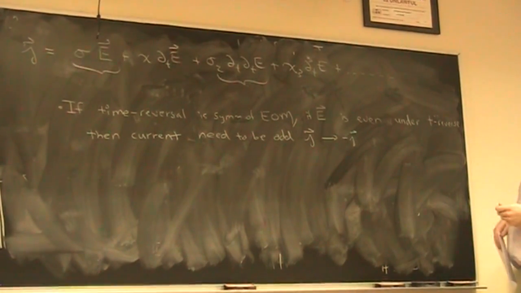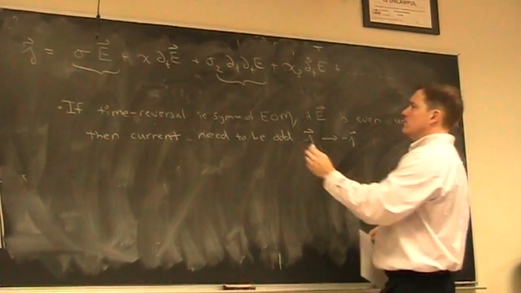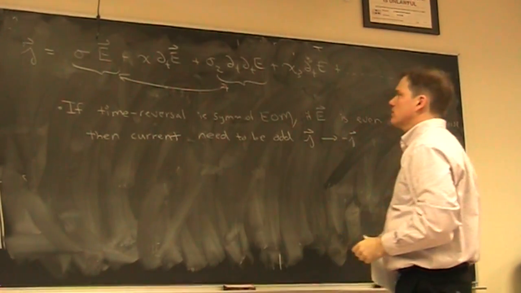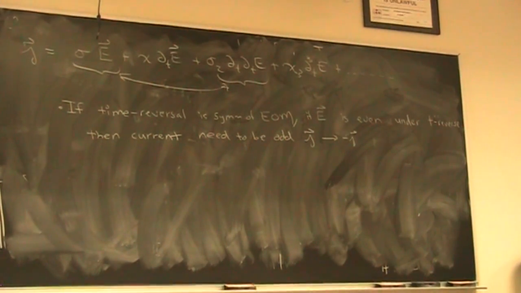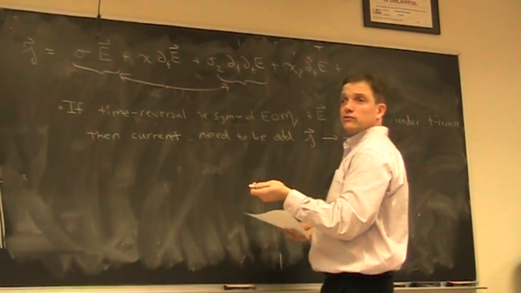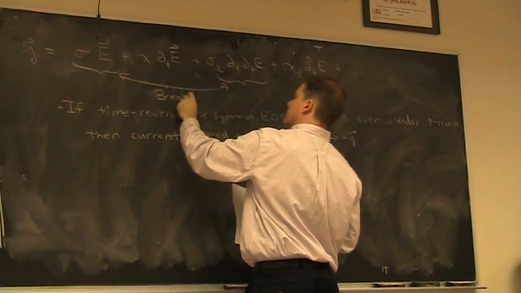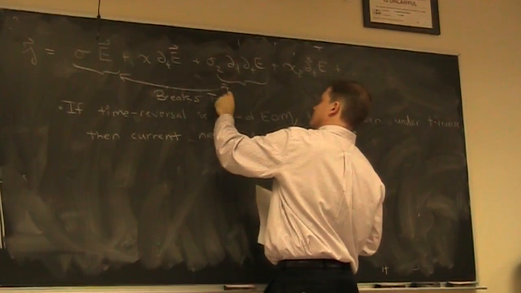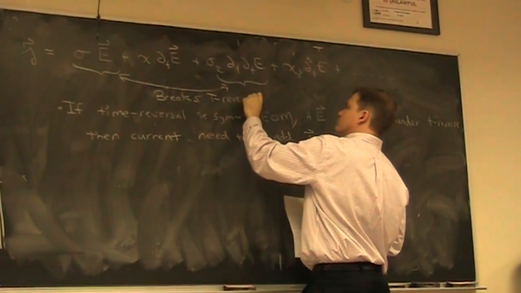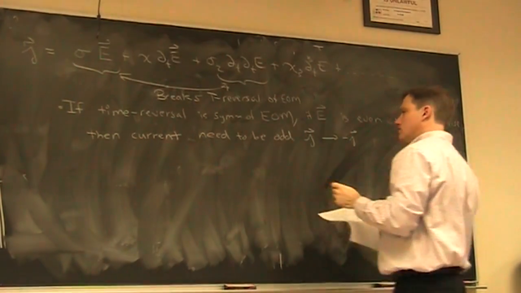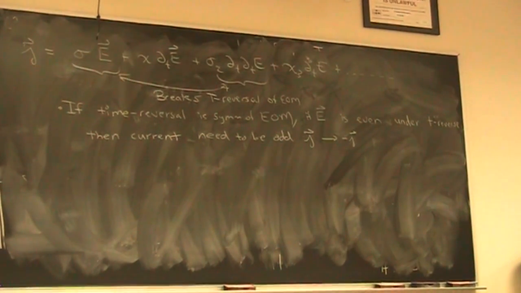So clearly, if I look at these terms, if I have such a relationship between current and electric field, then that will break the time reversal symmetry of the equation. Okay, good. That may not be a bad thing.